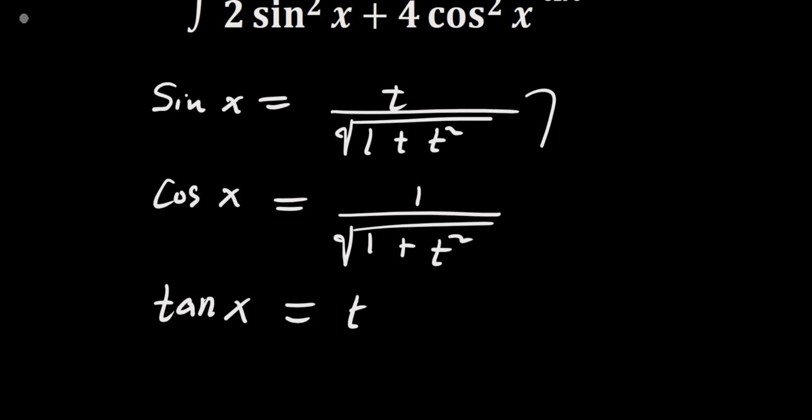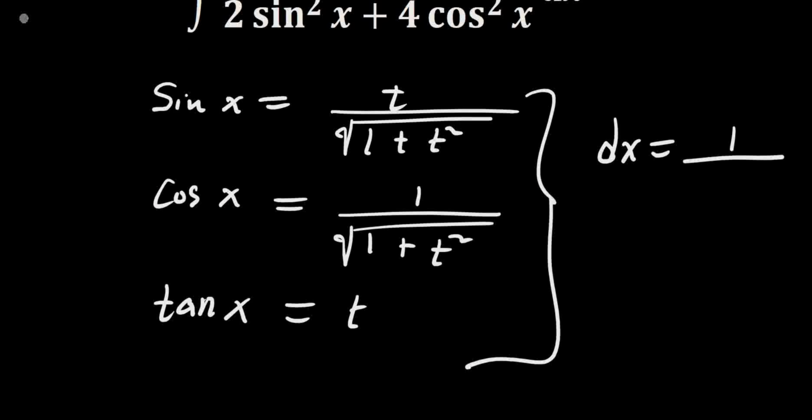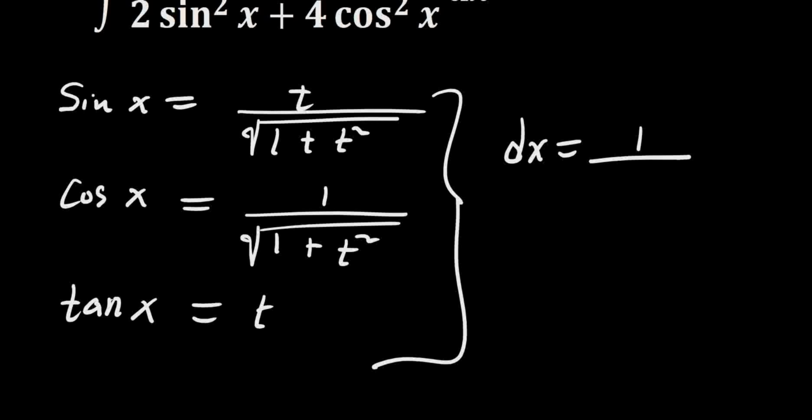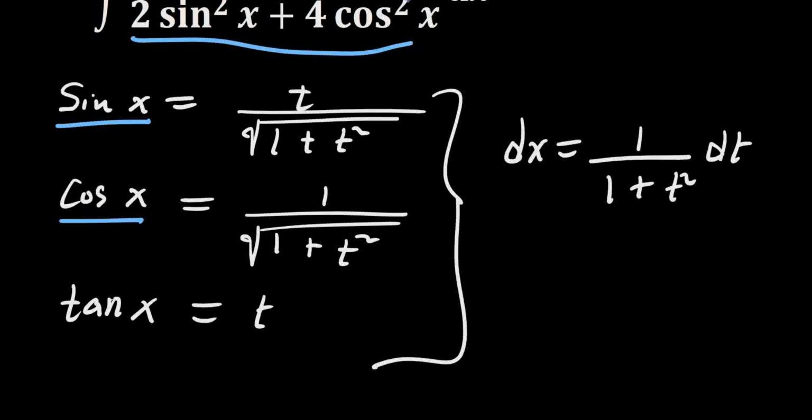Also, we have that dx is equal to 1 over 1 plus t squared dt. So now we are going to use sine x and cos x to find the value of the denominator.